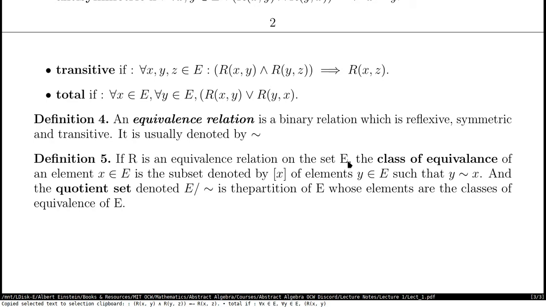If R is an equivalence relation on the set, the class of equivalence of an element x is the subset, denoted by [x], of elements y in E such that y and x satisfy the equivalence relation. So for every element in the set, you have an equivalence class. For example, if you have A, the equivalence class of A is all the elements in the set with which you can pair up, with which you can have the equivalence relation, right?